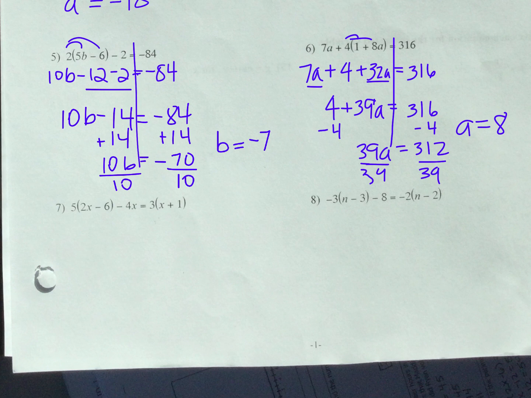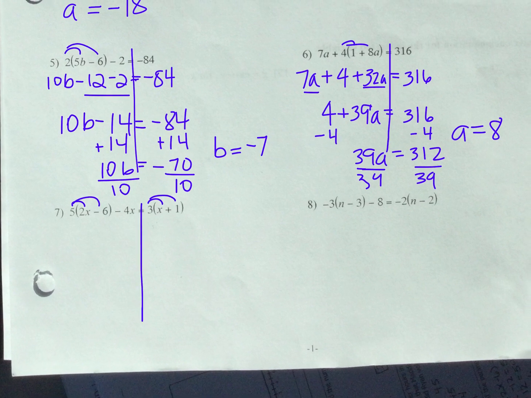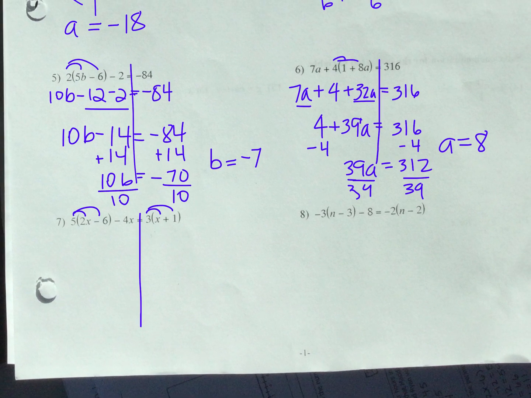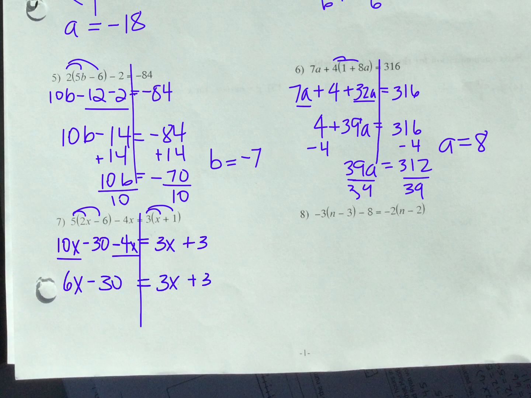All right, number 7. First, I'm going to distribute. I got something on both sides. I got 10x minus 30, and then just going to copy down the negative 4x. That equals 3x plus 3. Old school baby math, 10 minus 4 is 6x minus 30 equals 3x plus 3.